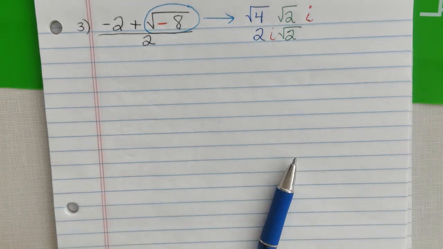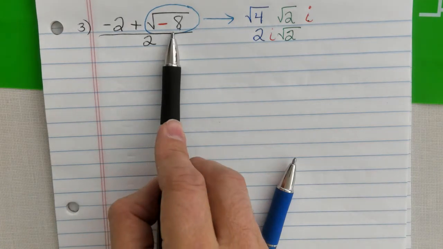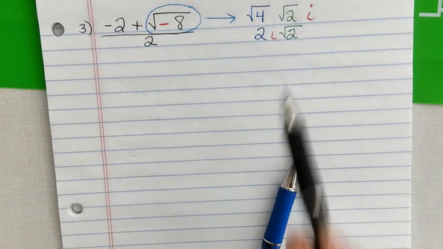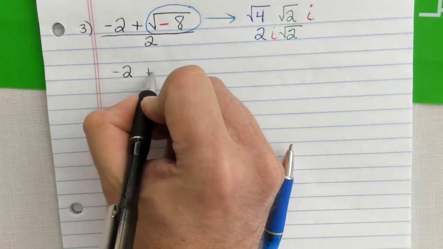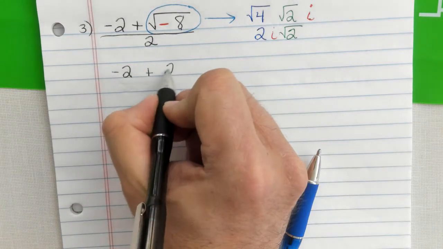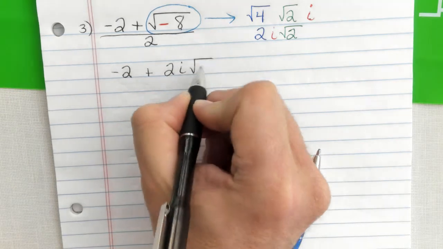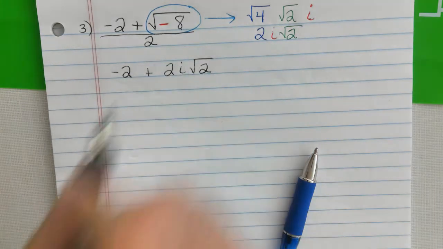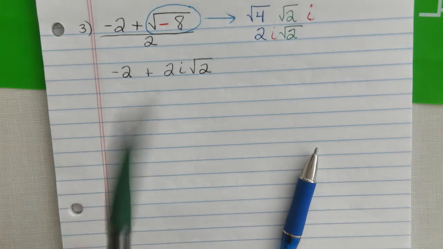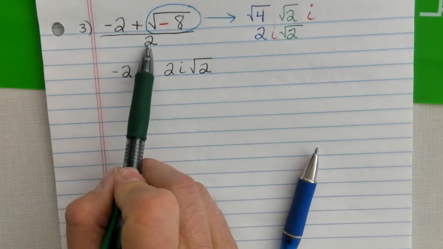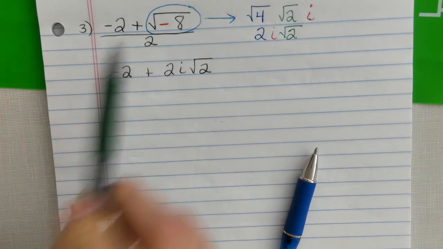Now I'm going to rewrite the top, replacing the square root of negative 8 with 2I square root of 2. So we have a negative 2 plus 2I square root of 2. And then notice it's all over 2. Here's the tricky part.